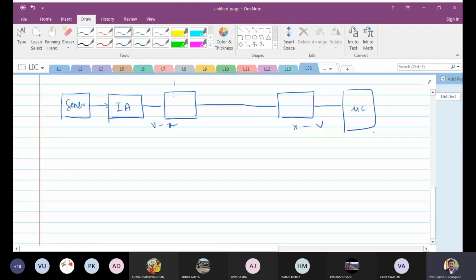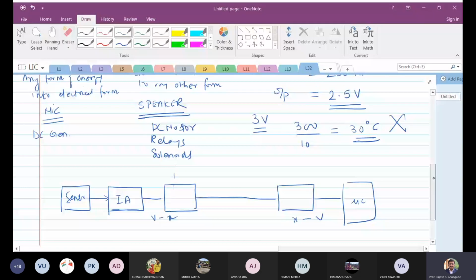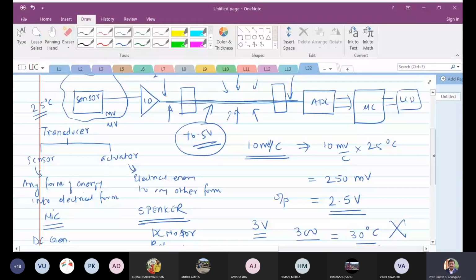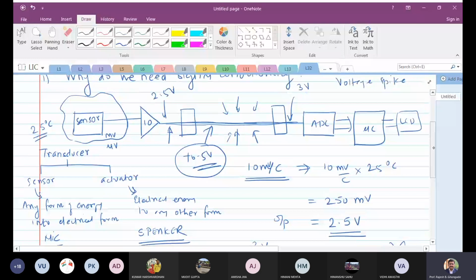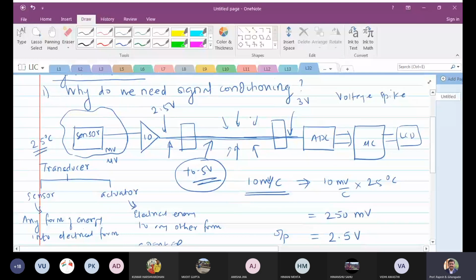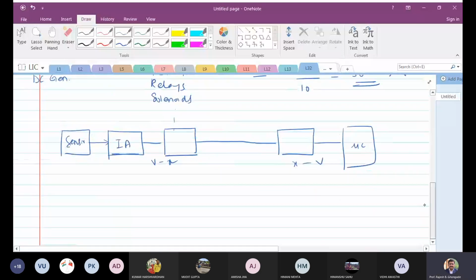Now, instead of transmitting the signal in the form of voltage, what if I transmit the signal in the form of current?